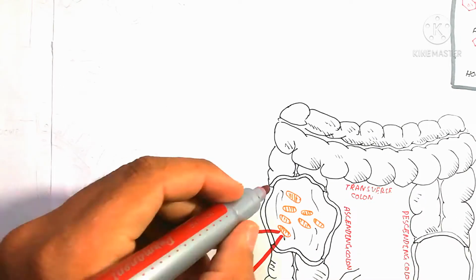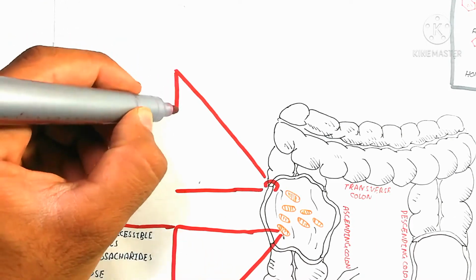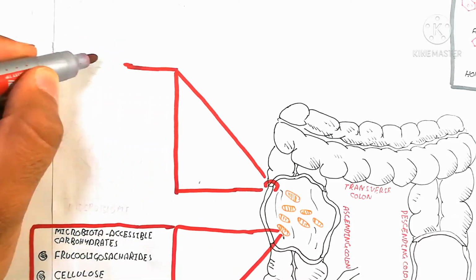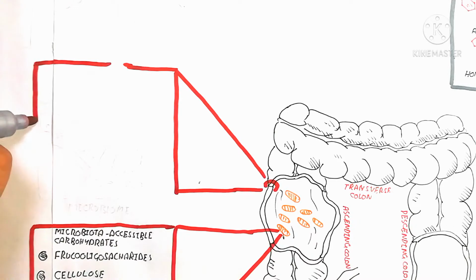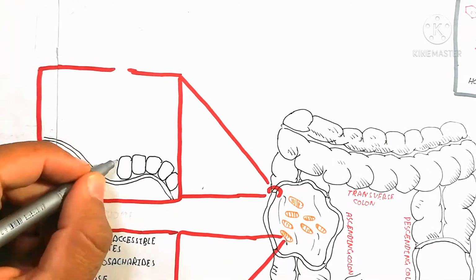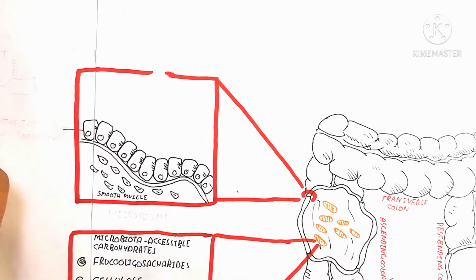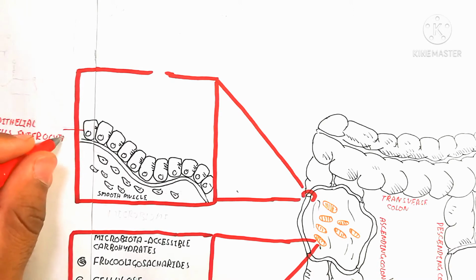On the other hand, there is resistant starch. Cellulose is a type of polysaccharide present in plant wood, and it is used for digestion in ruminant animals, for example the cow and goat.